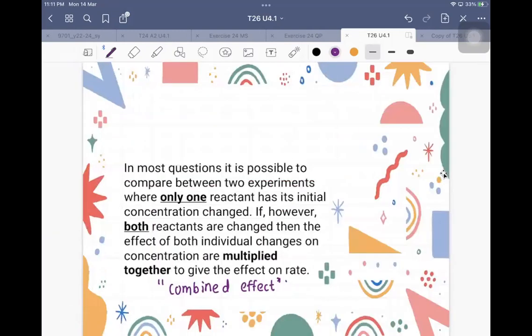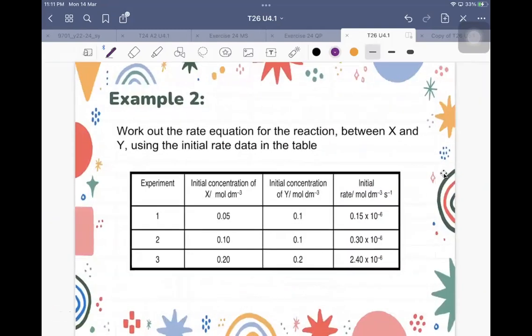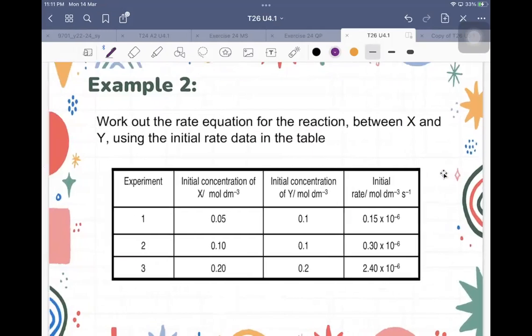Right, back to this combined effect. It will be shown to you in example 2. Work out the rate equation for the reaction between X and Y using the initial rate data in the table. So the equation is not given to us, and that's fine because we do not need the chemical equation to write down our rate equation.